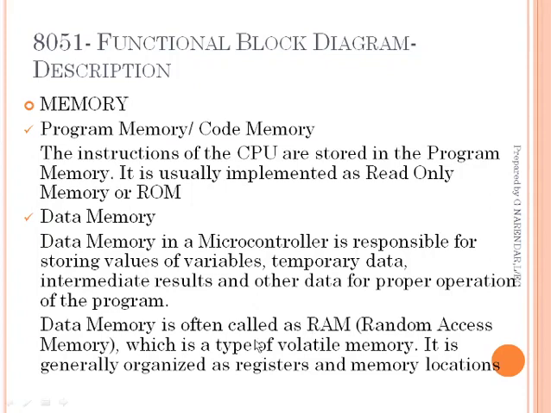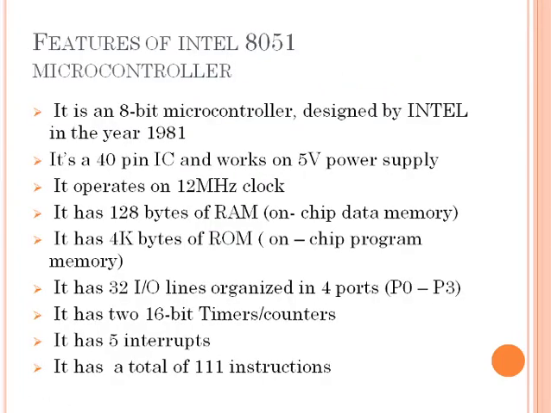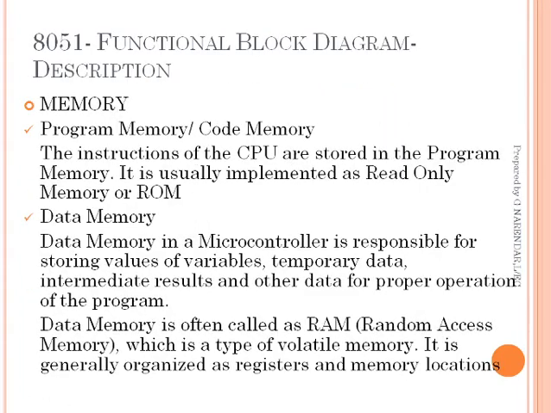And how much is the size of the RAM for the 8051? In the features we have seen that 128 bytes of RAM is present in the 8051, and this 128 bytes of RAM is organized as 128 memory locations. Each memory location is 1 byte wide.